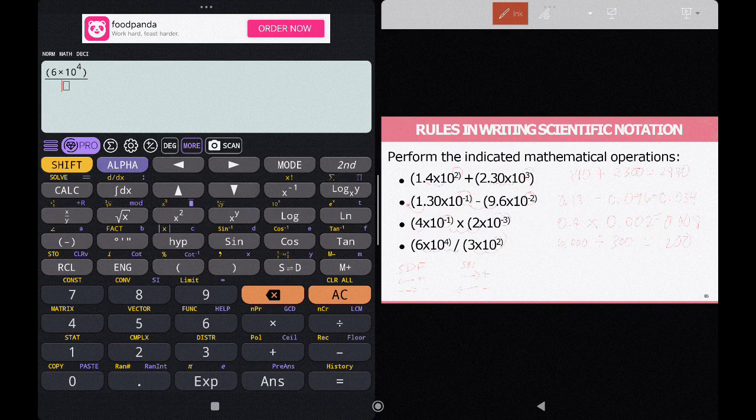Then click the arrow down para mapunta ka sa ilalim. Now the denominator. Now you write open parenthesis, then 3 times 10 raised to 2, and then close. You see, there is still the same answer. So that will be the shortcut para mabilis siya na input on your calculator. Okay?